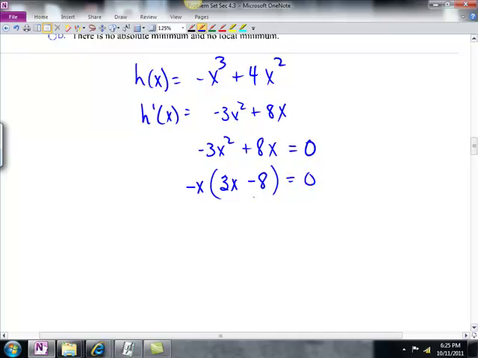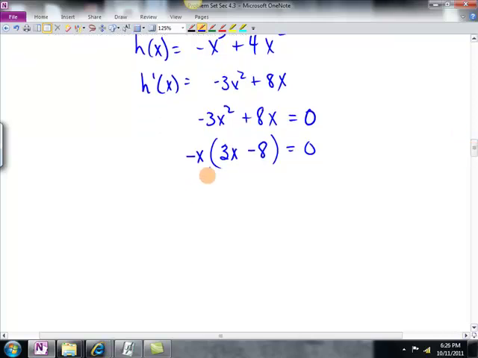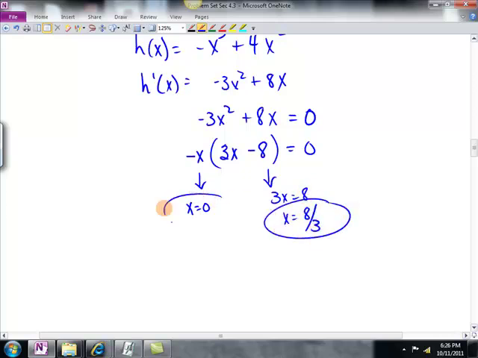But good try. It wouldn't really matter. I just took that out because I know this is going to 0 anyway. Just get rid of him. And then I didn't have the negative 3x squared. So what does that give me for that one? X is 0. And for this one, 3x is 8. X is 8/3. What are these two guys? Critical numbers.